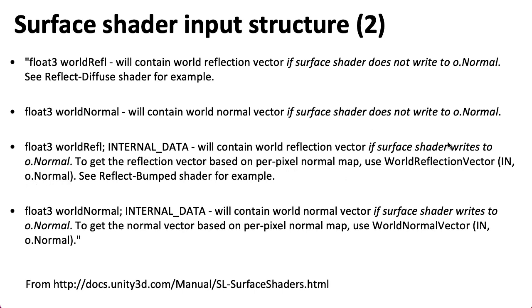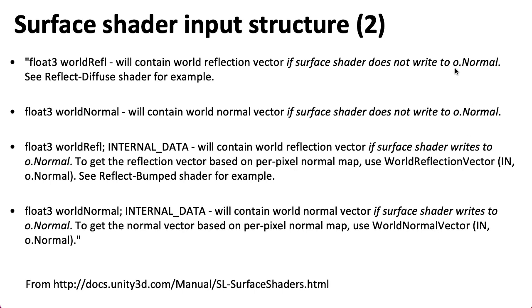Similarly, if you don't write to o.Normal, then you can get the world normal from float3 worldNormal. But if your surface shader does write to o.Normal, you have to add this INTERNAL_DATA, and you have to use this WorldNormalVector. So yeah, this is awfully complicated.